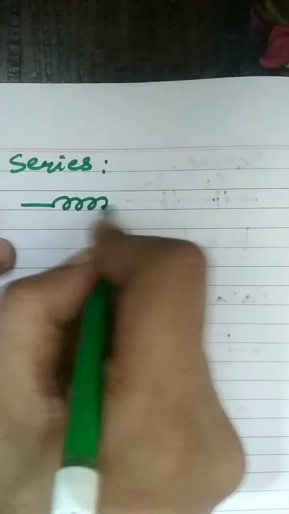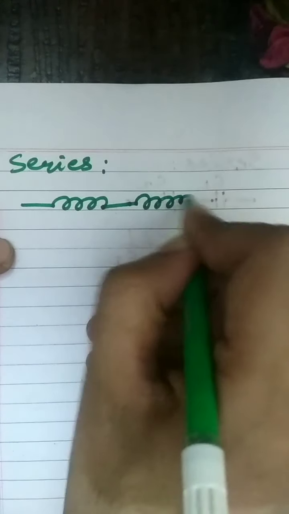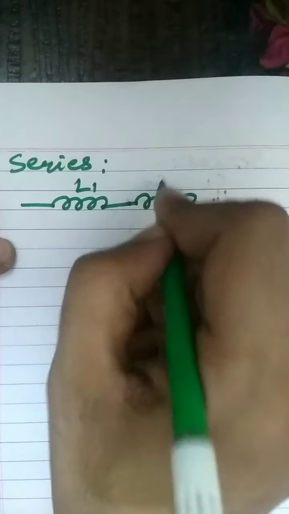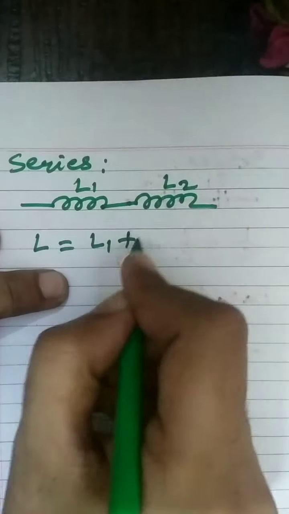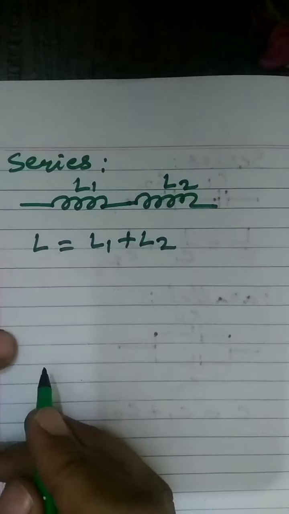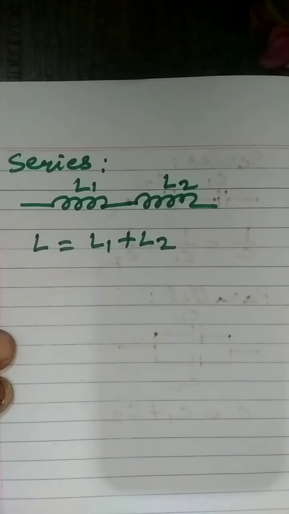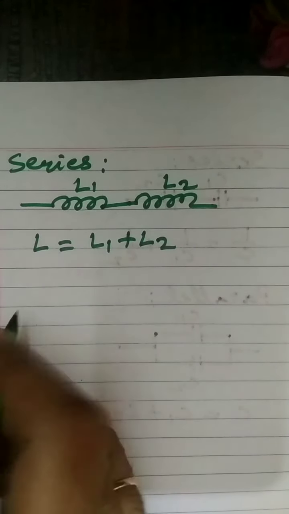Now the combination of the inductance in a circuit. Inductances can be connected in series as well as in parallel. So let's say there are two inductors L1 and L2 connected in series. Their equivalent value will be their summation. So L will be equal to L1 plus L2, like resistive circuit.